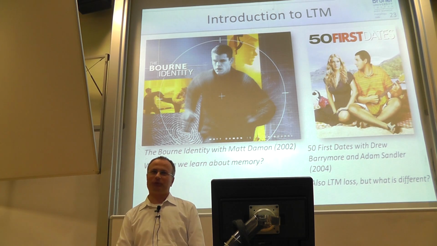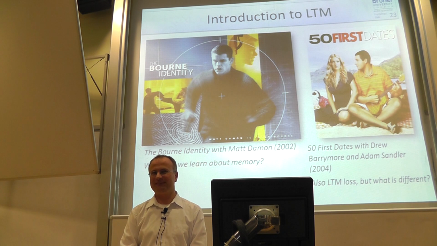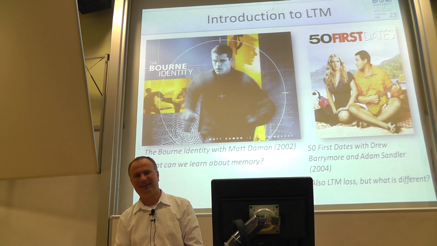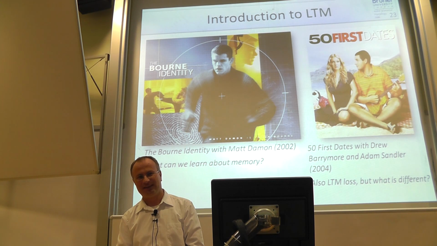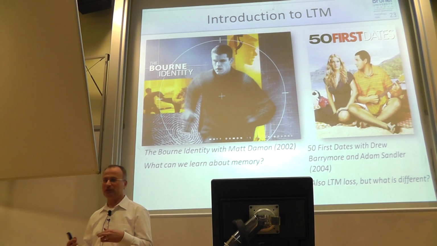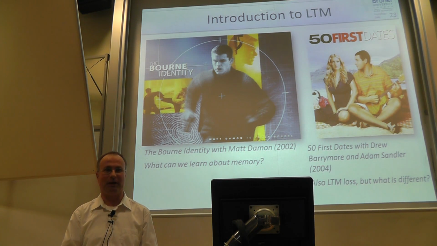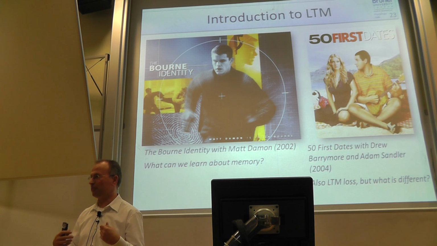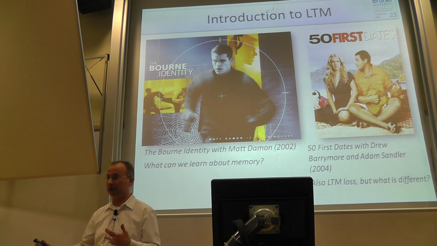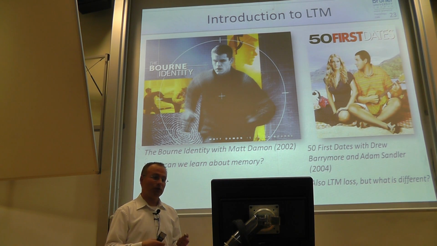Yes. So basically, she can't store anything new into long-term memory. So she has the short-term memory available, as you can see in the film, because it's not like five minutes later she doesn't recognize her. It's the next morning she doesn't recognize her.